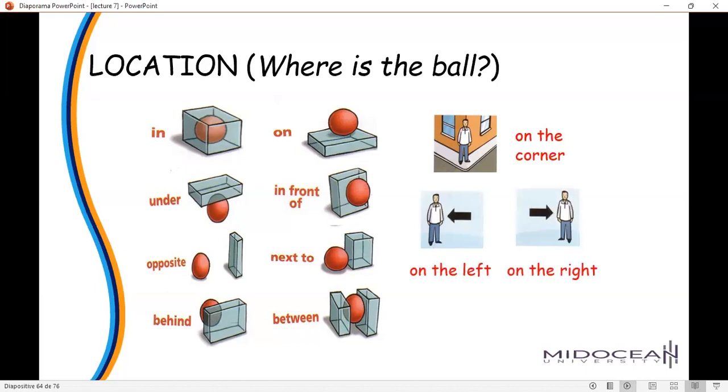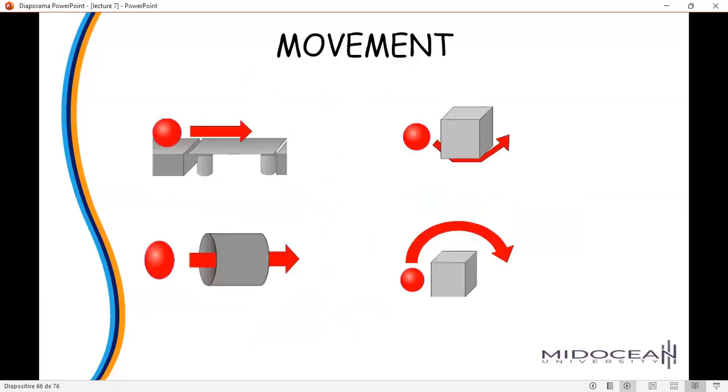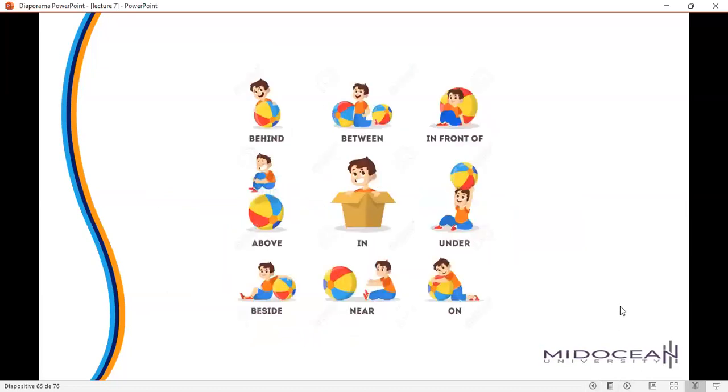On the left, on the right. More examples. So here, behind, between, in front of, above, in, under, c'est-à-dire sous, ici, beside, near, à côté, on, okay?